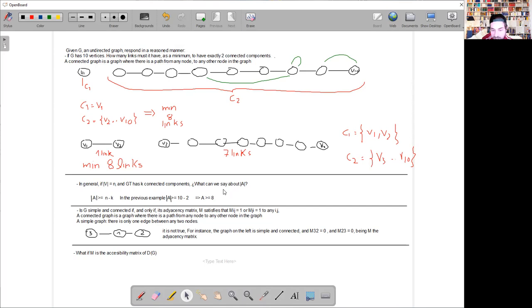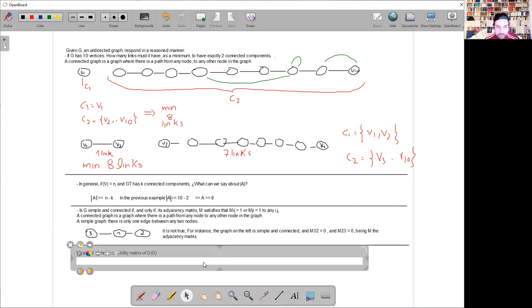But we couldn't say that it is simple in that case, right? Because the accessibility matrix says if one node is accessible from other, but it doesn't say the number of links that we have between two nodes, right? It only says if it is accessible or not.